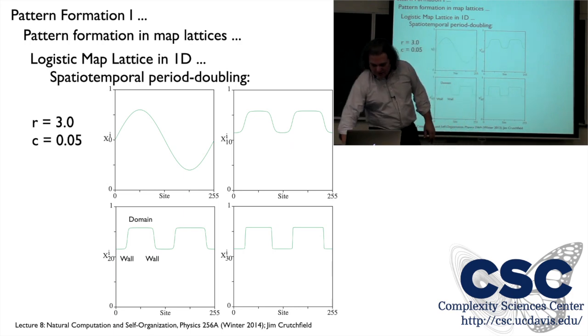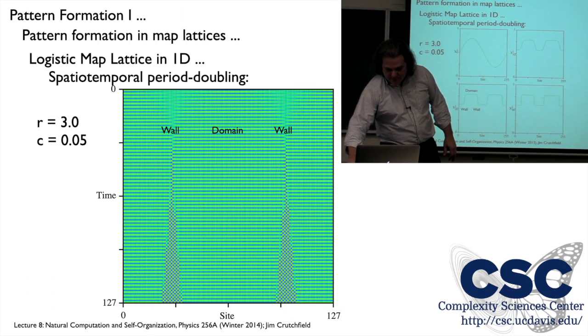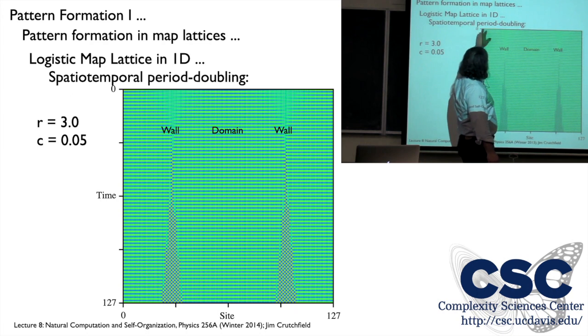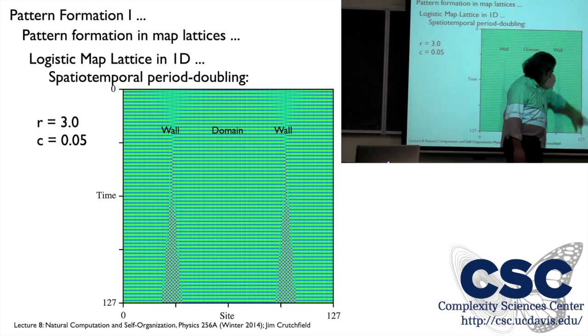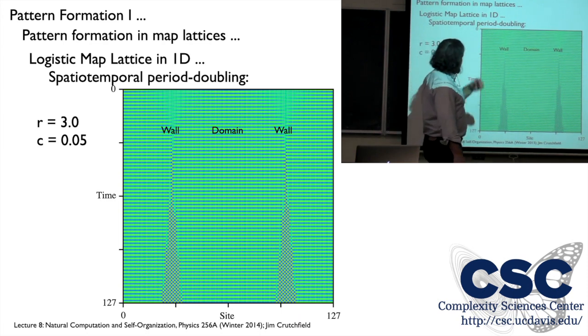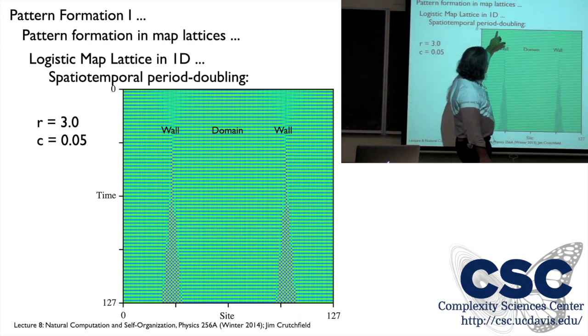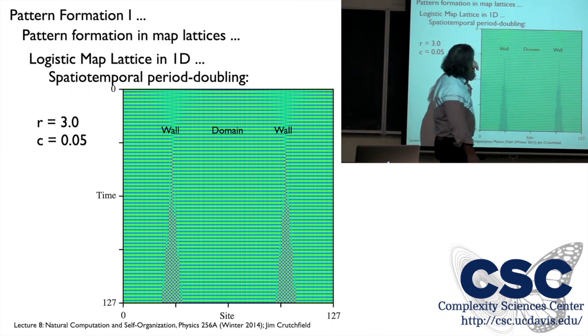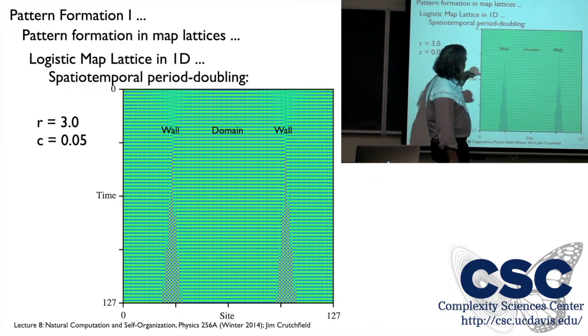So let's look at this in space-time. This is just like the cellular automata, but now I have space. This is 128 sites versus time. I'm starting with the sine wave again, so it's exactly the same system I just showed you, initial condition and parameter values.